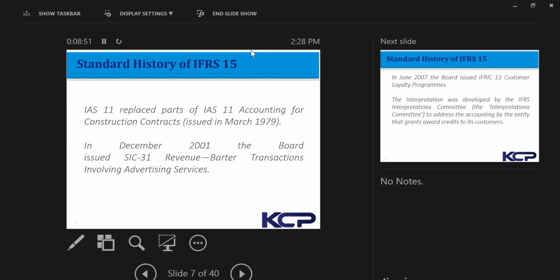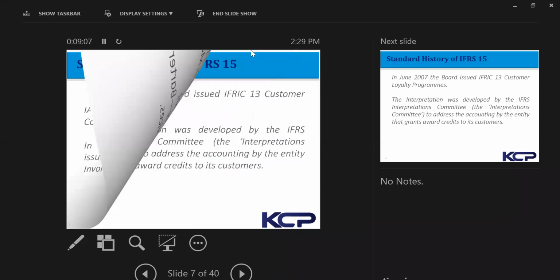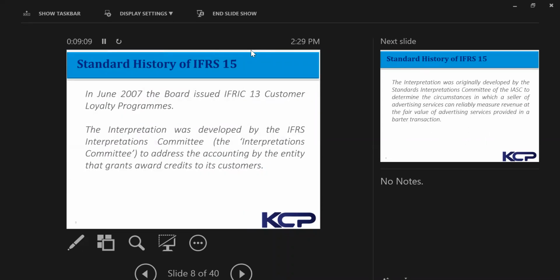But there are still some transactions done in exchange for service, one service for service. So there was SIC 31 revenue that handled barter transactions involving advertisement services, right? I'm trying to drive home a point, so just follow me as we go on.